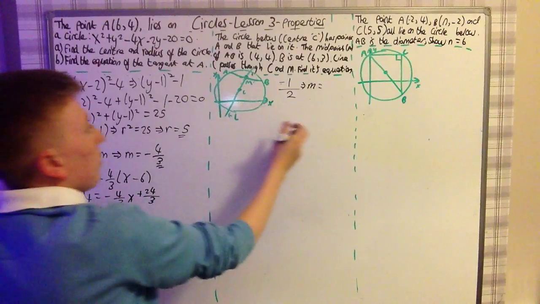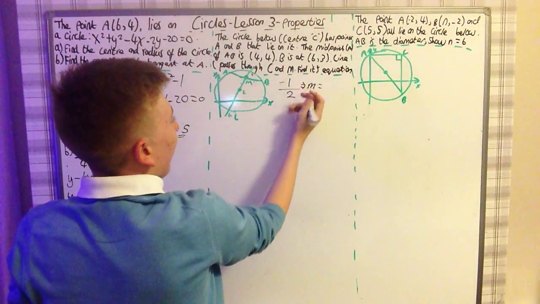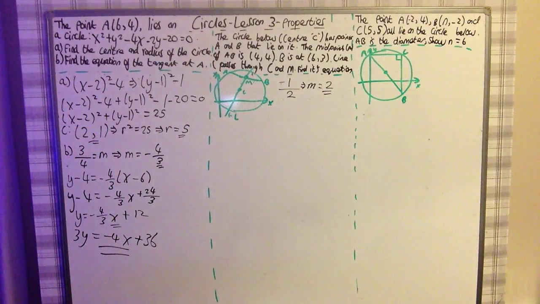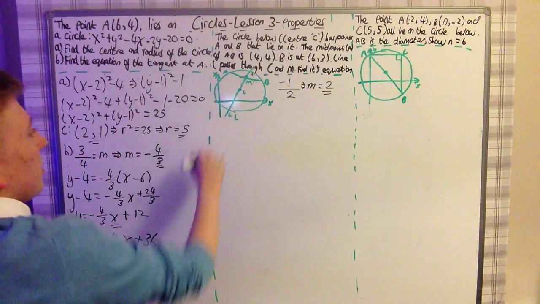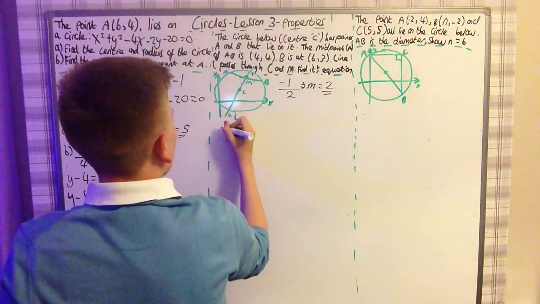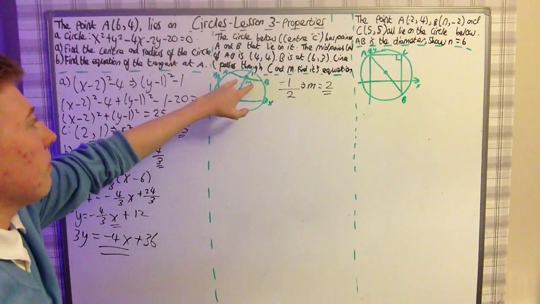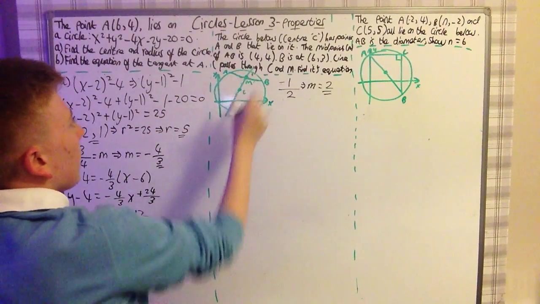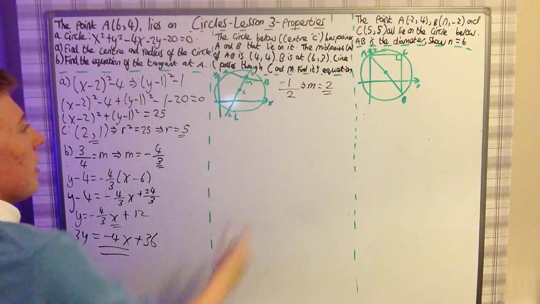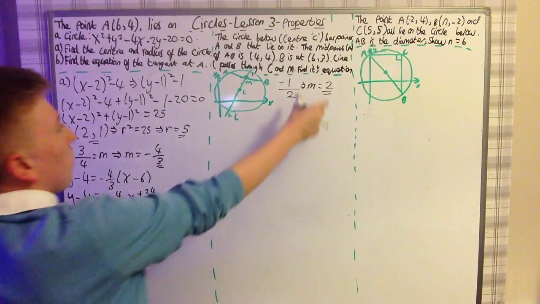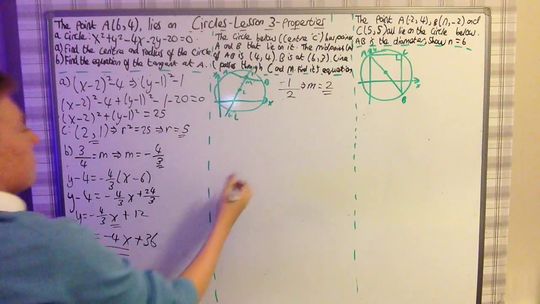We change the sign so it becomes positive, and we flip the fraction, 2 over 1, which is 2. So we get positive 2 as our gradient. And now we can see what we have to do to find the equation of L. We have a gradient, and we have a point that goes through L, M. So we can use the coordinates of M and our gradient in the equation that we used for this question here.